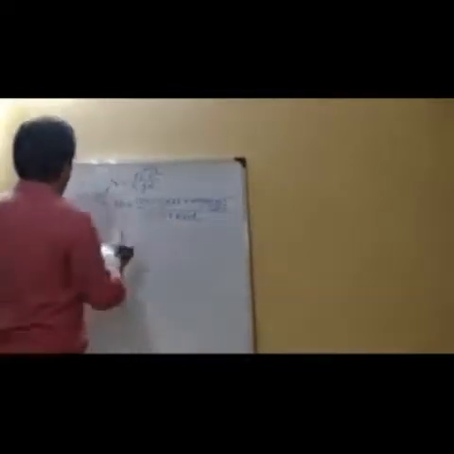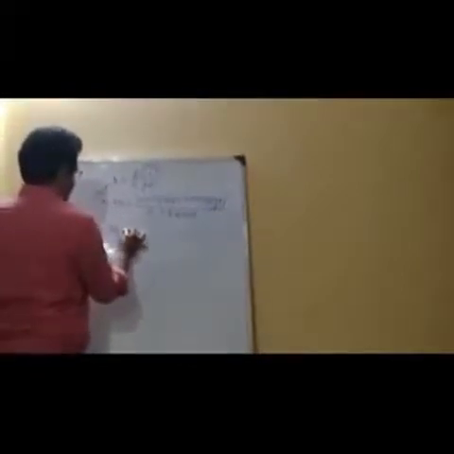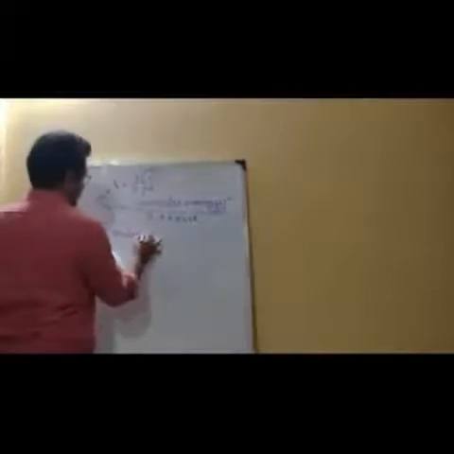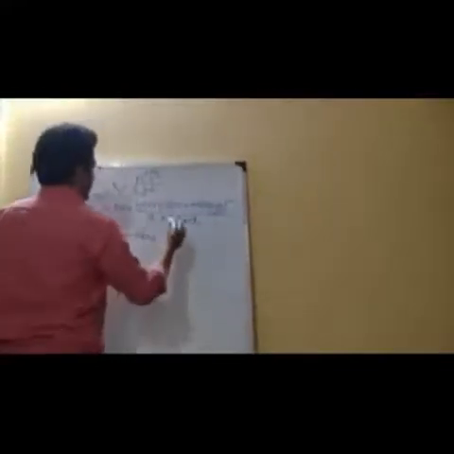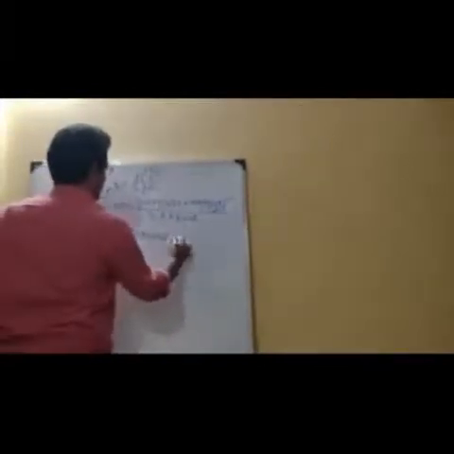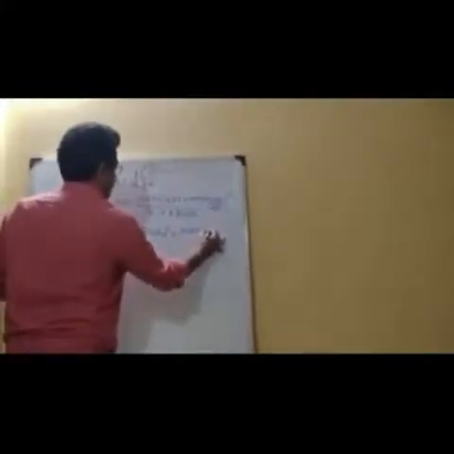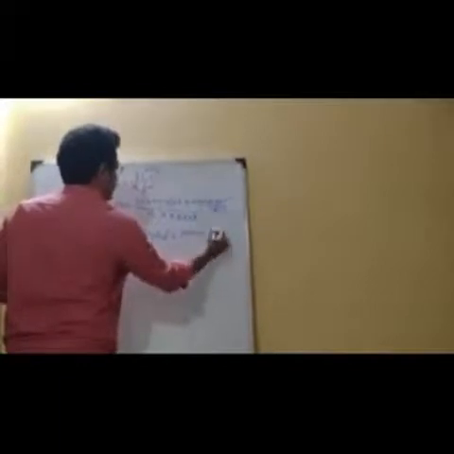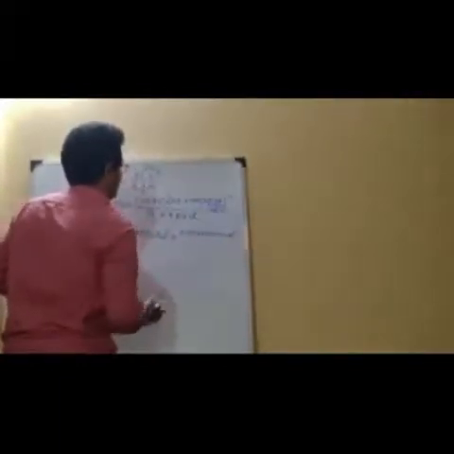Now we simplify it: 50 into 2 into 9.81 into D into d to the power 4 equal to 0.075 into 25,000 into 0.66 square.